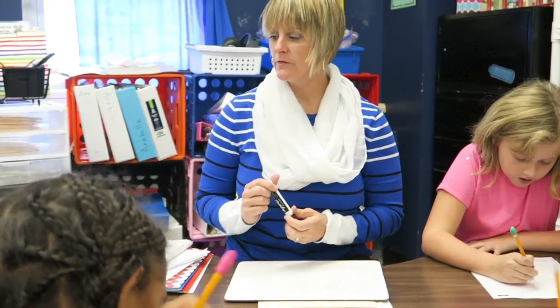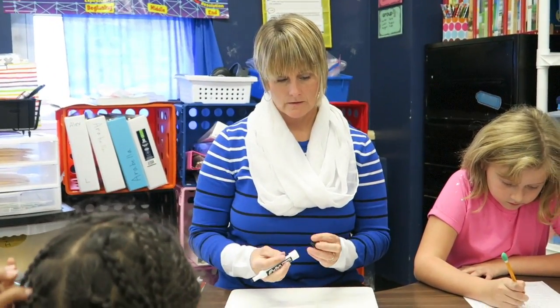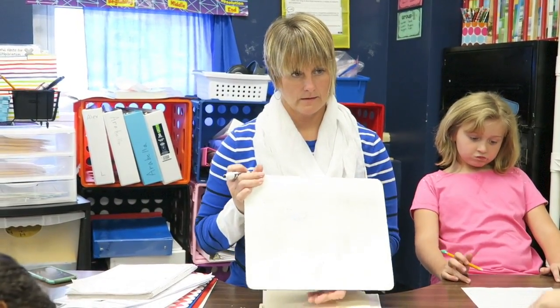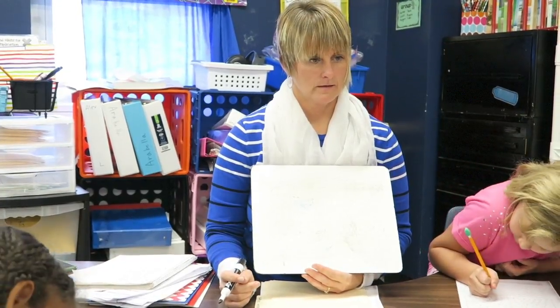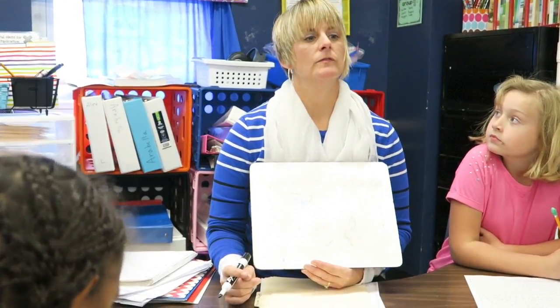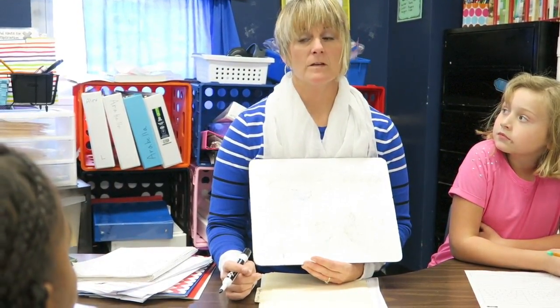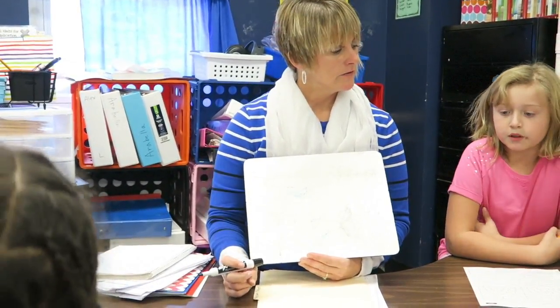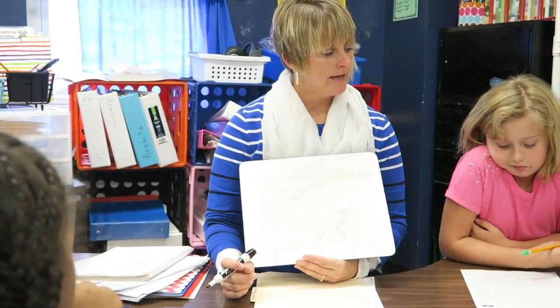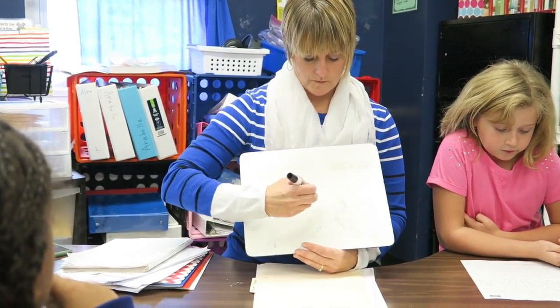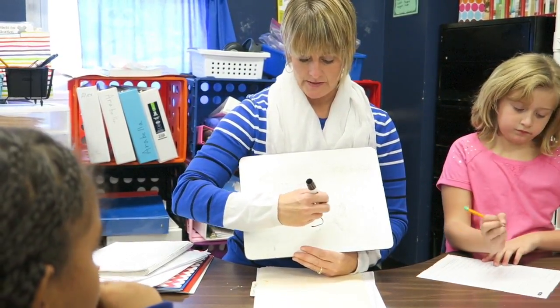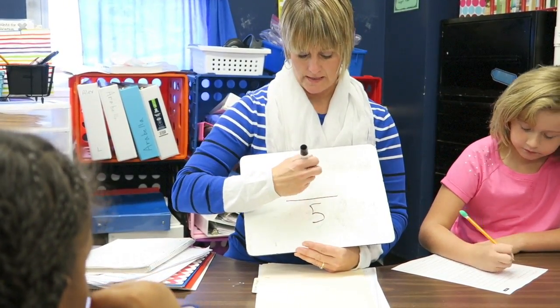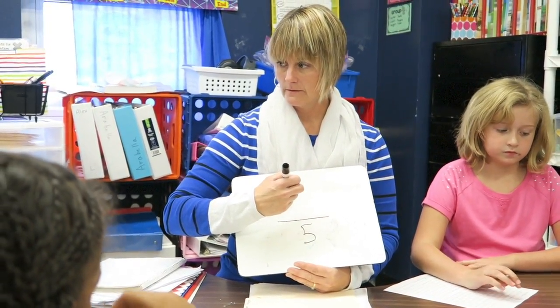So where's the 5th row? Why are they called fifths? There's 5 equal parts in that row. Do you agree? Okay. So there's 5 equal parts, and that represents the denominator, 5 equal parts, and how many are we counting?